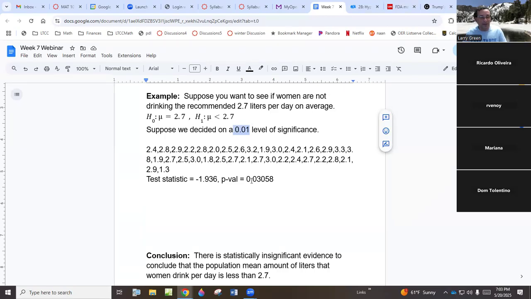Notice that 0.3058 is greater than 0.01. So the conclusion is there's statistically insignificant evidence to conclude that the population mean amount of liters that women drink per day is less than 2.7. Any questions on the conclusion here?